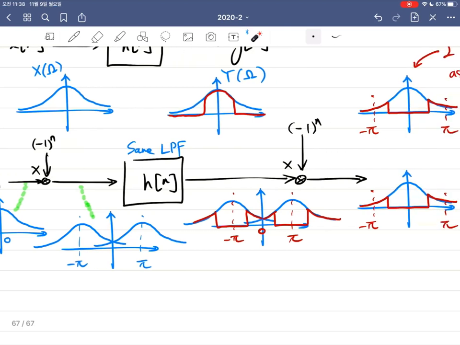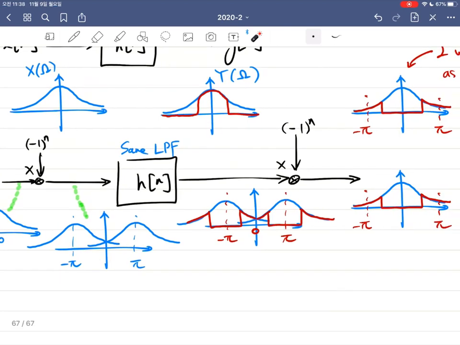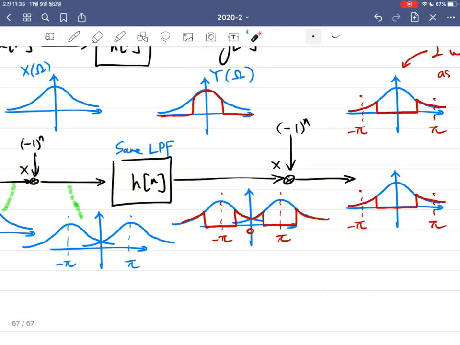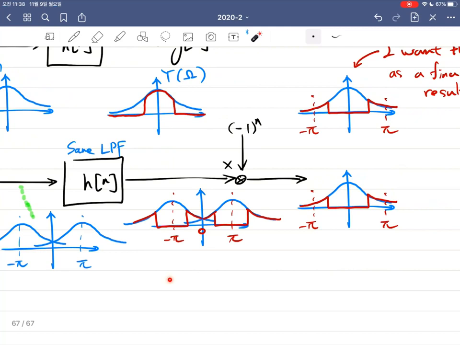Remember, there is a periodicity for this discrete time signal. If you do that and apply it to the same LPF system, then because it's the same low pass filter, you pass the stuff around 0. So this is the case.